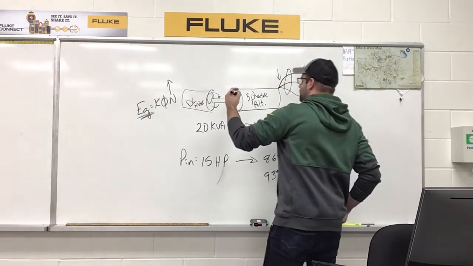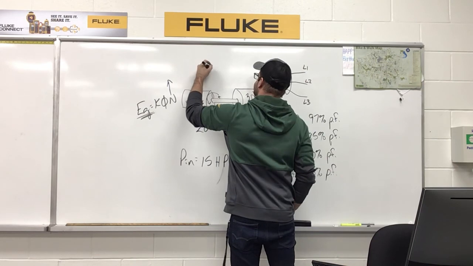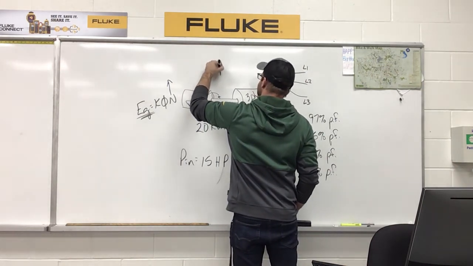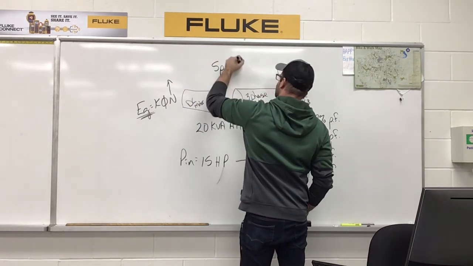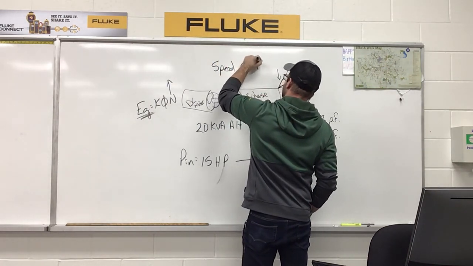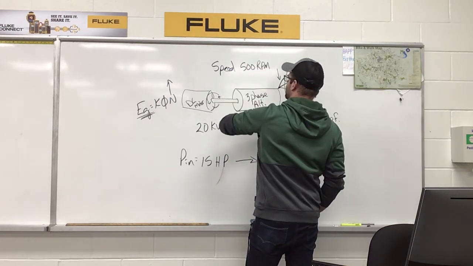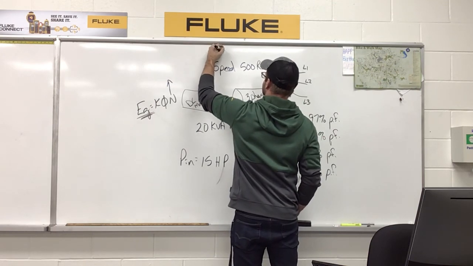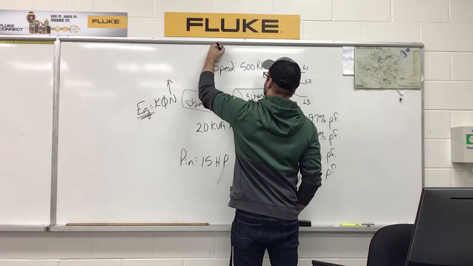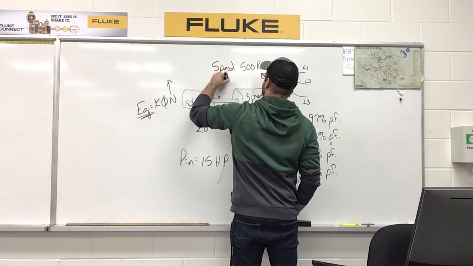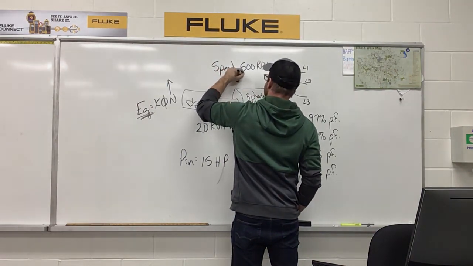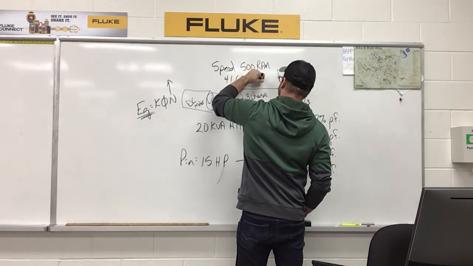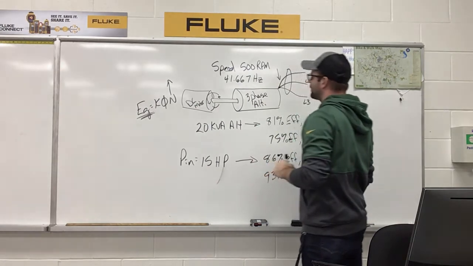this alternator runs at a speed of 500 RPM, and it currently has an output of 41.667 hertz. Okay.